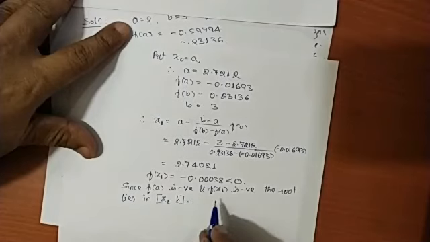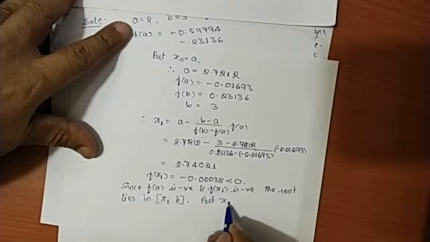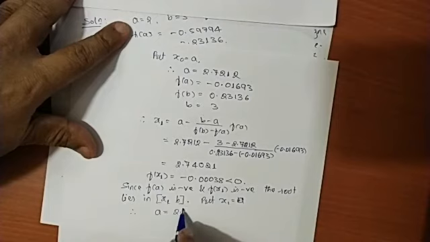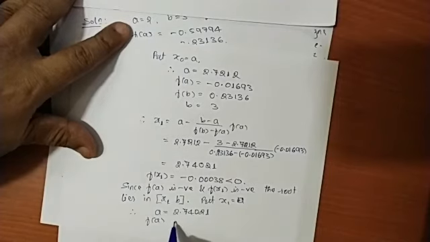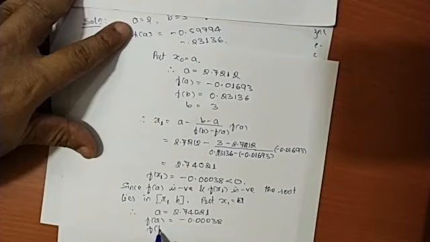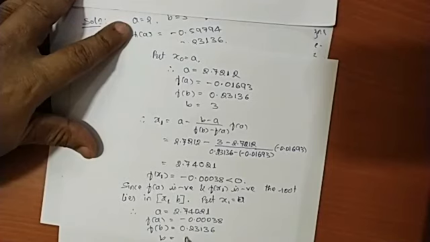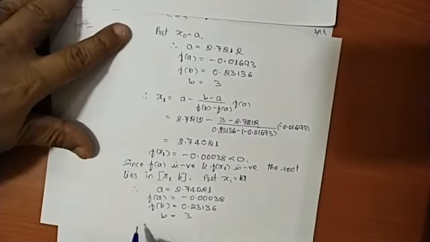Right. Now, what is the next step? Put x1 equal to a. Therefore, a is 2.74021. What is f of a now? f of x1 becomes f of a. f of a is equal to minus 0.3038. What is f of b? f of b is the same, 0.23136, and b is 3.